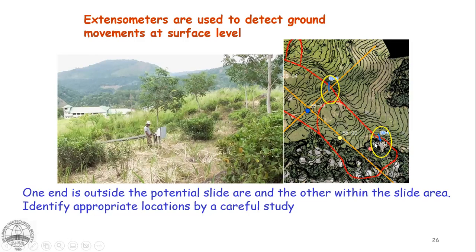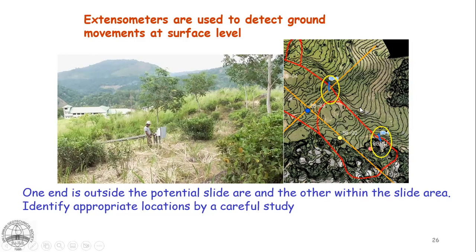Now, coming to an extensometer, an extensometer is a device which can detect surface level movements. I will show the details in the next slide, but here I have to say that one end of the extensometer should be in the area outside the landslide and the other end within the landslide.